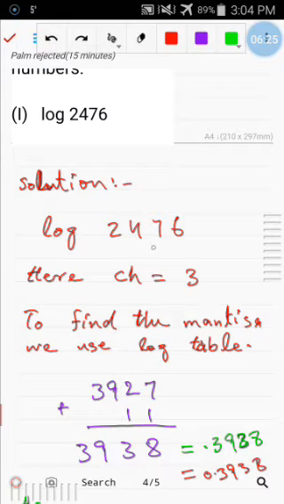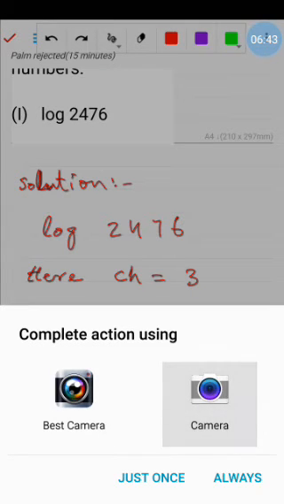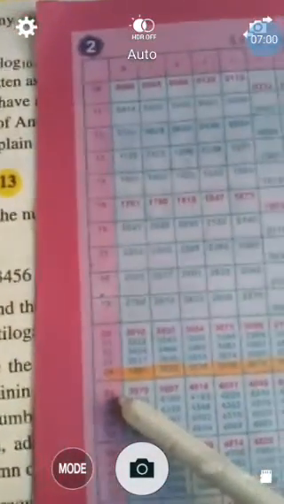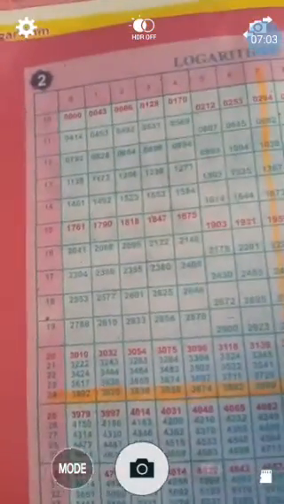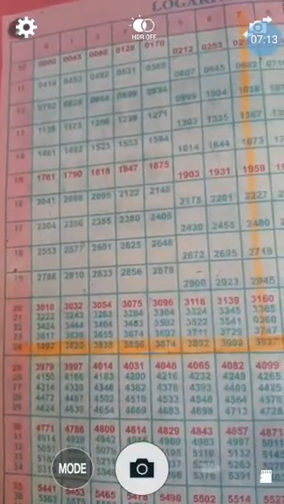Now we see 24 in the 7 column, and then we see 24 in the difference table in the 6 column. 24 and the 7 column is equal to 3927.